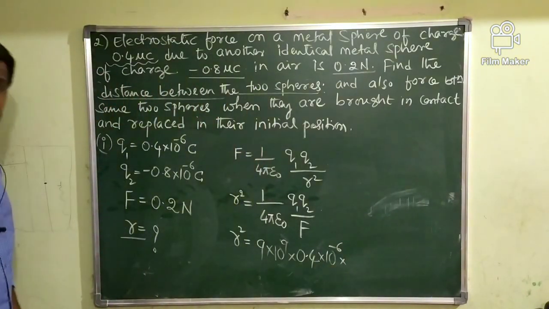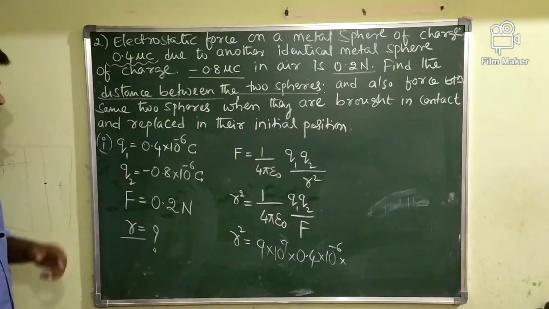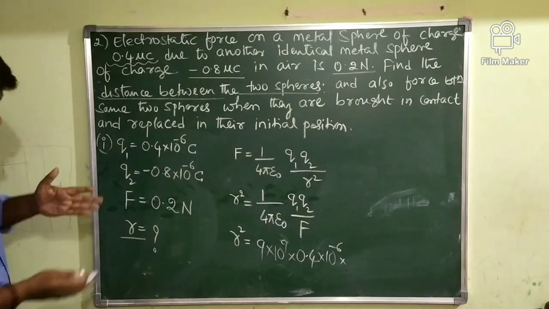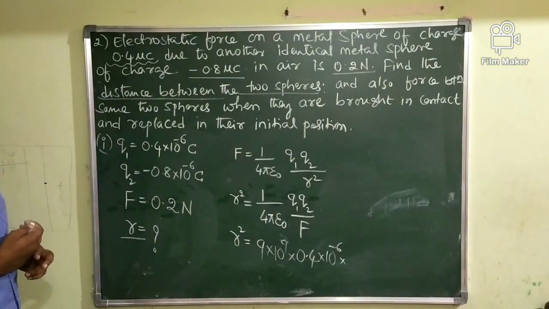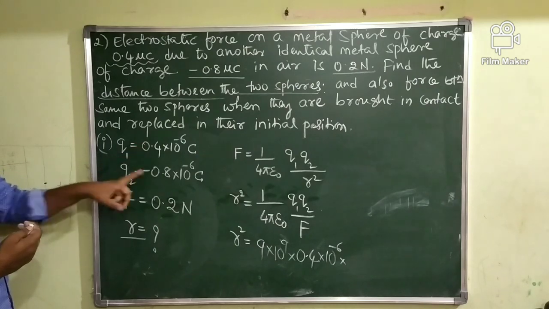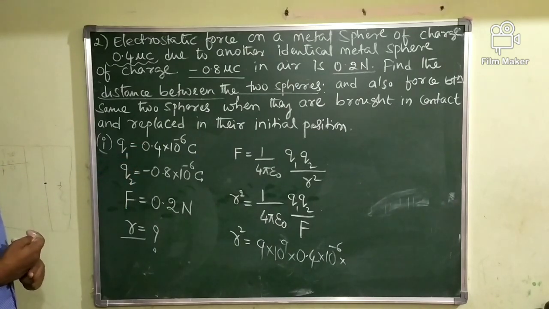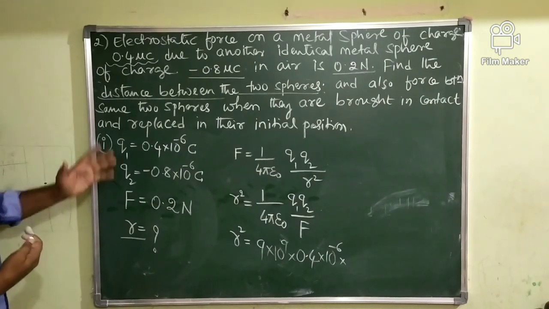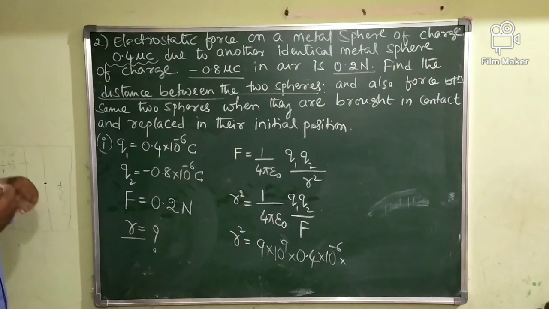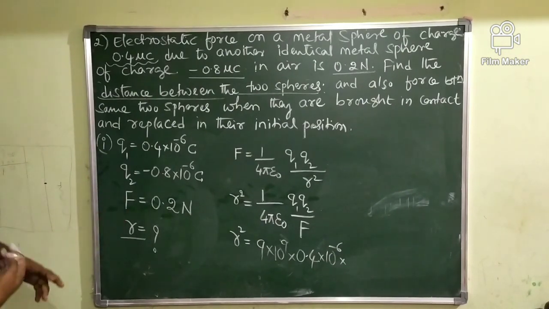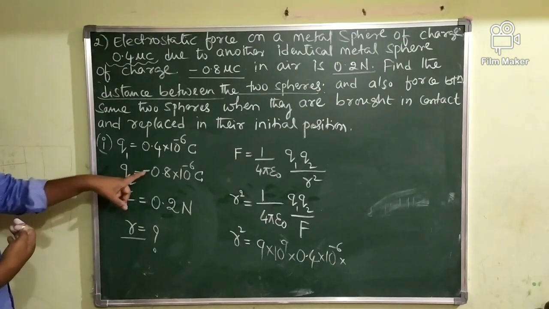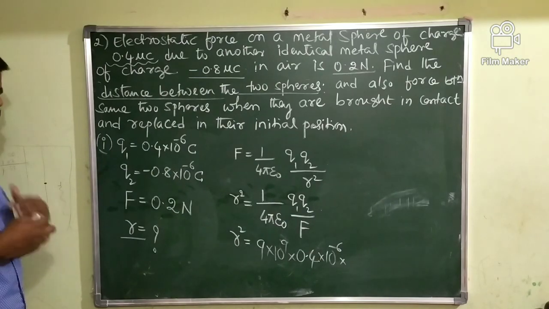And while writing Q2, I will not take the negative sign here. Here the negative sign indicates that the two charges are what? Unlike charges, therefore the electrostatic force between them is what? Attractive. To calculate the magnitude of the force, it is not necessary to take the negative sign here.